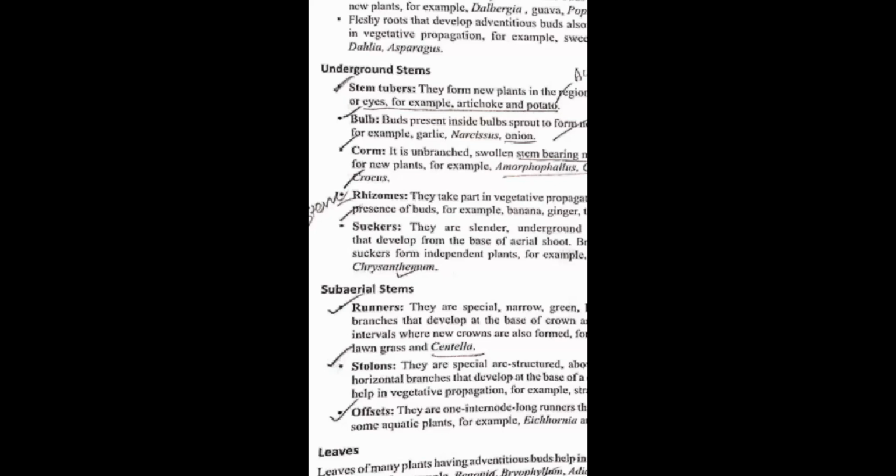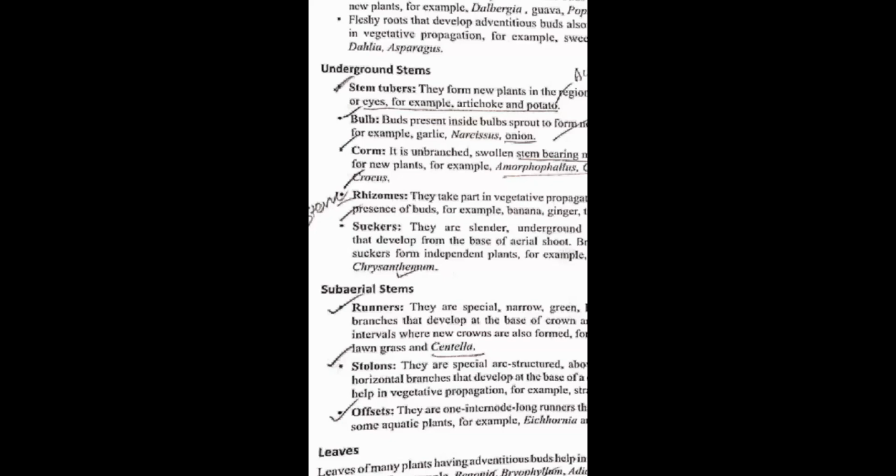And then another one is rhizome. Take the example of banana. The banana also grows through the underground stem, which is converted into an entire plant.